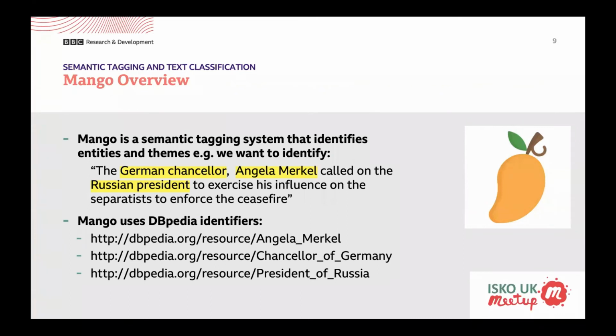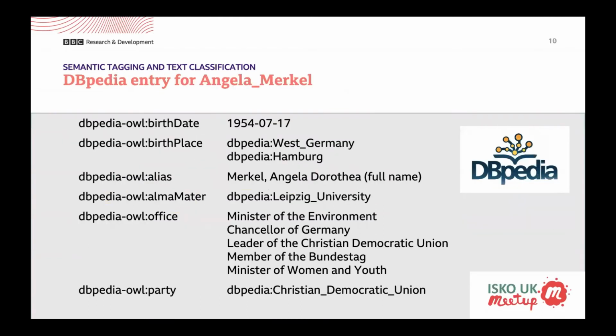DBpedia is a database which is basically derived from Wikipedia, and you can probably recognize from the last part of these locators that these identifiers map not only to DBpedia, but they are related to Wikipedia pages. And so you can use these identifiers to access additional information in the DBpedia, a whole array of information, a whole web, if you like, which shows the benefits of linked data and this sort of approach.